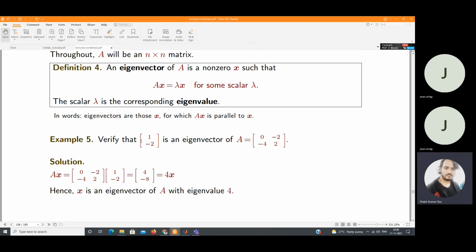Here it is given the eigenvector, and they are calculating the eigenvalue out of it using this equation. Now using the same equation, I am telling you that one of the eigenvalues of this A is -2. Then you have to calculate the eigenvector corresponding to that eigenvalue -2.